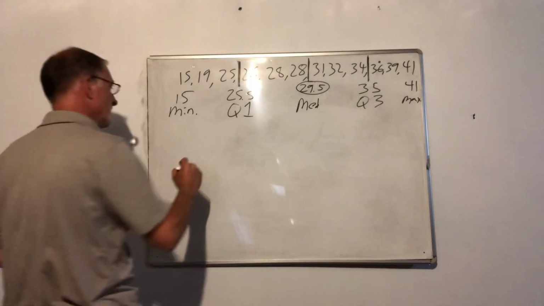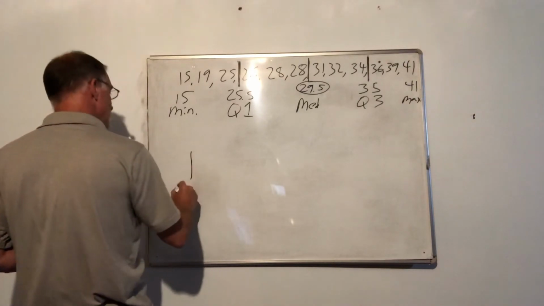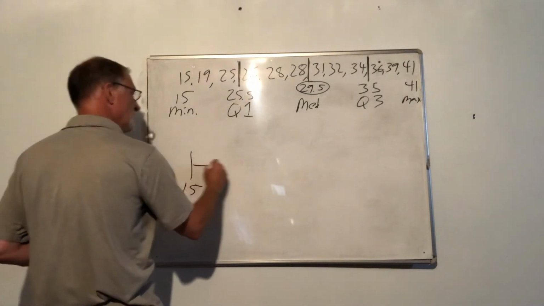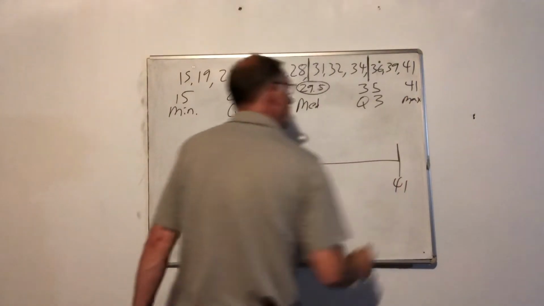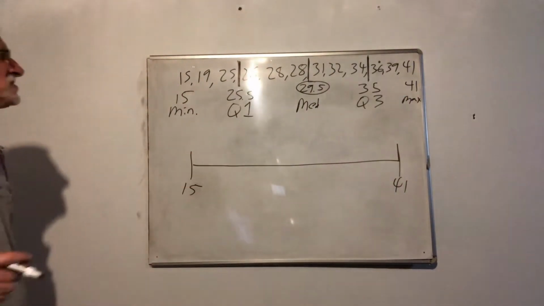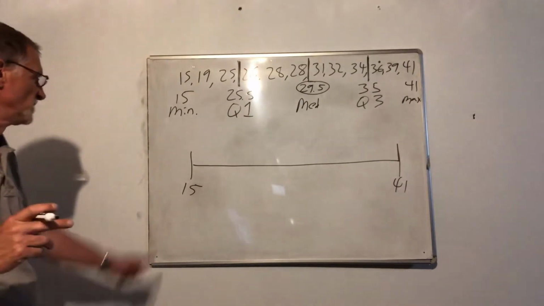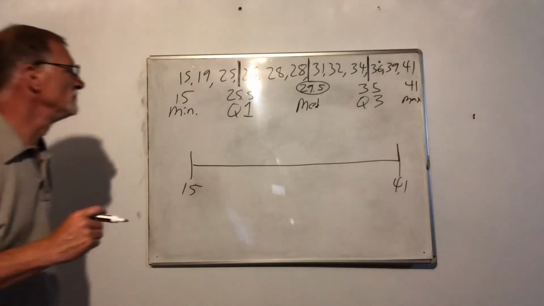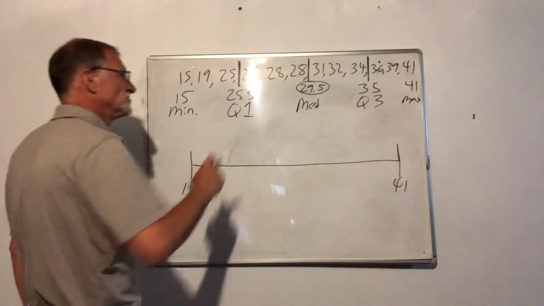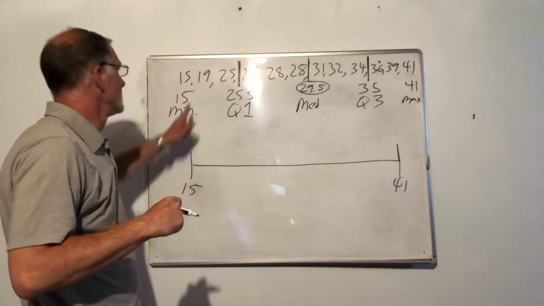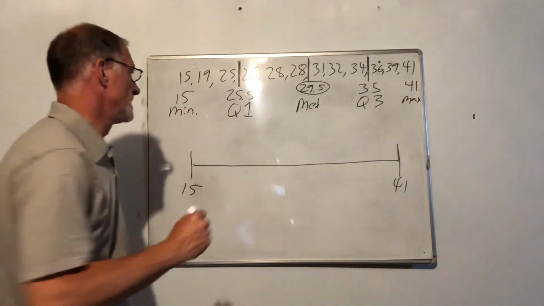So, minimum, 15. Maximum, 41. All right, so I have a difference of 26 here. All right, 26 between my 15 and my 41. The median is 29.5, so it's 11.5 from the maximum, 14.5 from the minimum.